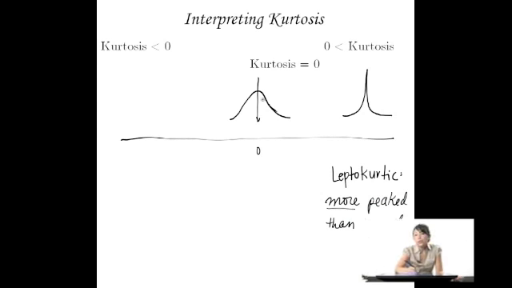Now, we could call other things that have a kurtosis similar to the normal distribution. We could just say they are similarly kurtotic to the normal distribution, but that would be really long. So we say they are mesokurtic, because you don't have to be a normal distribution to have a kurtosis of 0.